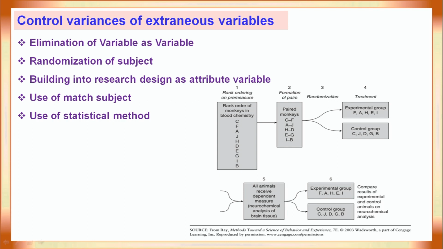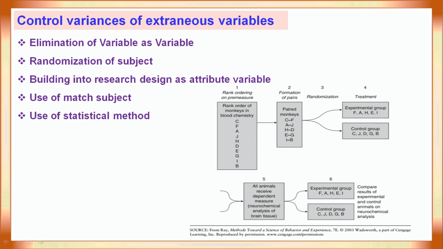A researcher was studying the effect of certain neurochemicals on the response pattern of monkeys. The researcher thought that the blood chemistry, or blood composition, or blood group, may play a certain effect in this study. So based on the blood chemistry, they grouped those subjects in this way.